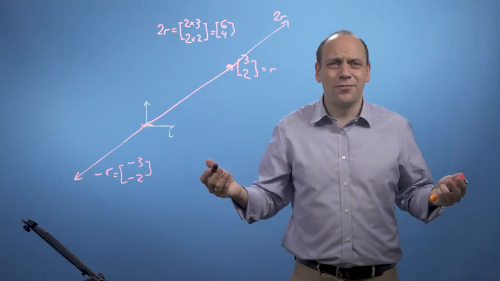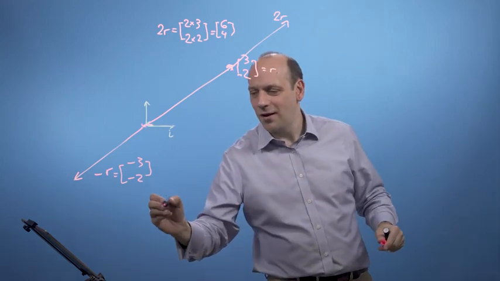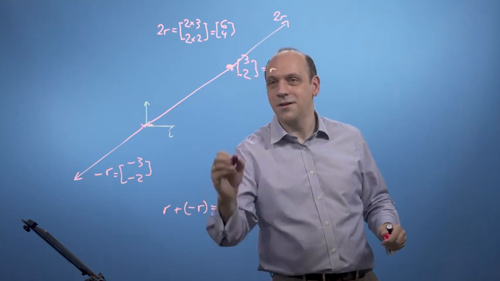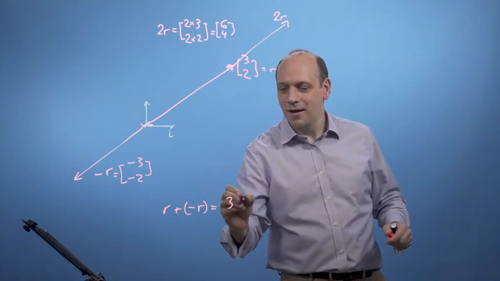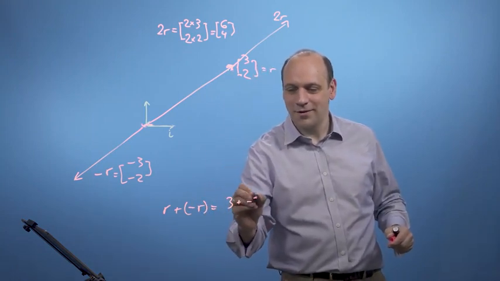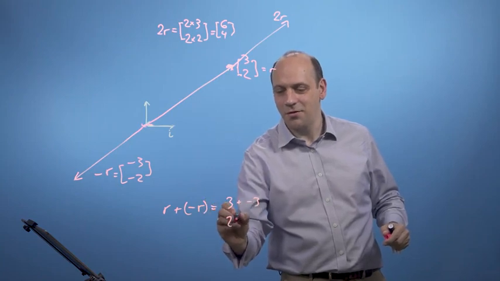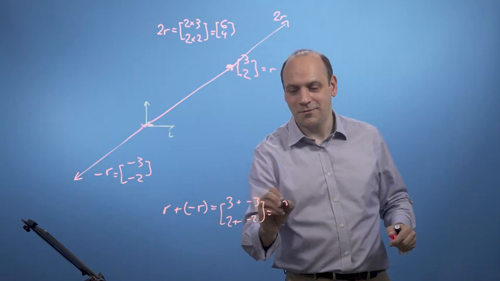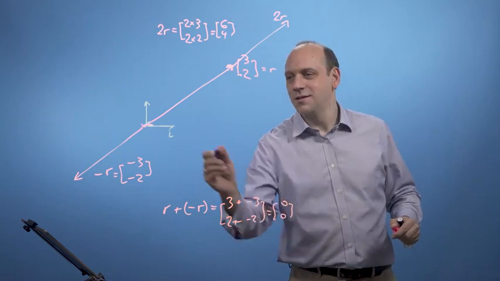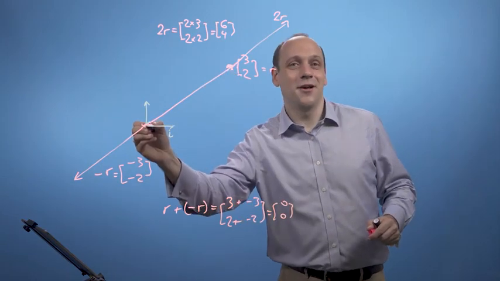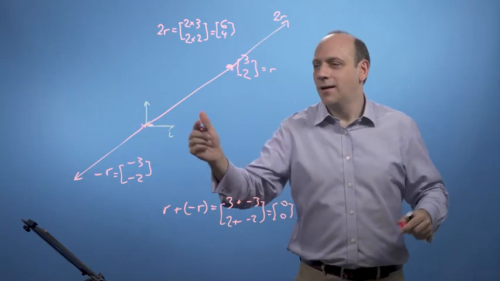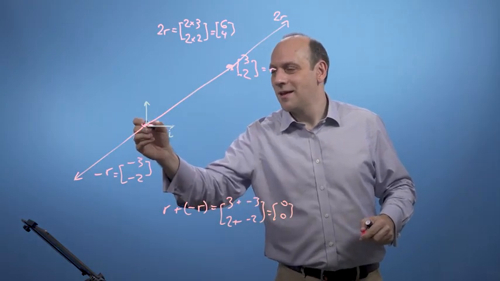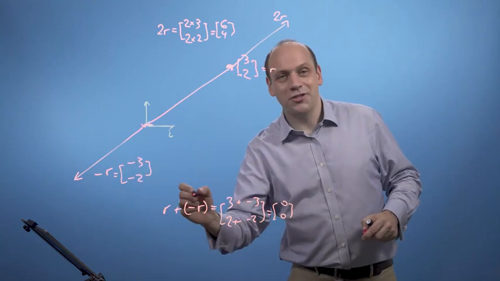So then we see, kind of obviously, that r plus minus r is equal to 3 plus minus 3 on the i's and 2 plus minus 2 on the j's, which is equal to 0, 0. So if we do r and then add minus r, we end up back at the origin. Therefore we've defined what we mean by vector subtraction here.